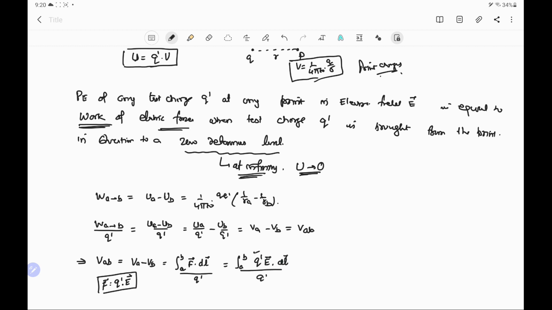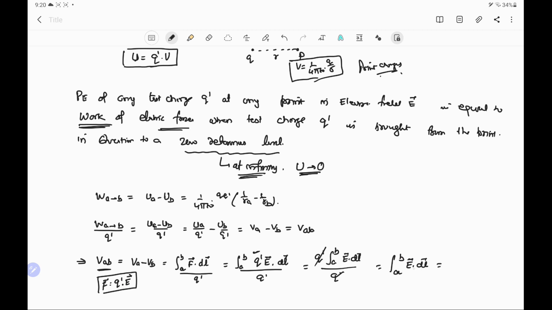And this Q dash is a constant quantity, so it can be taken out of the integral. It is the integral from A to B of E dot dl by Q dash, and this Q dash will get cancelled because they are equal. So it is finally equal to the integral from A to B of E dot dl. So the potential difference between A and B, VA minus VB, equals the integral from A to B of E dot dl.